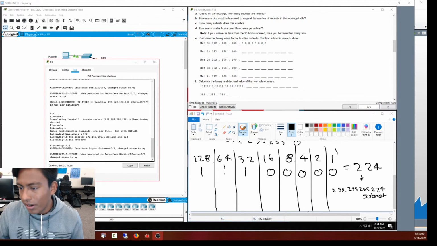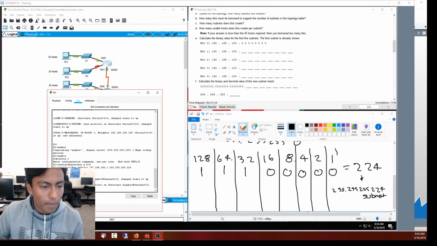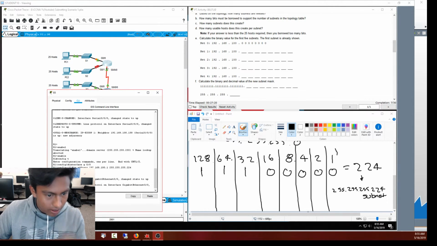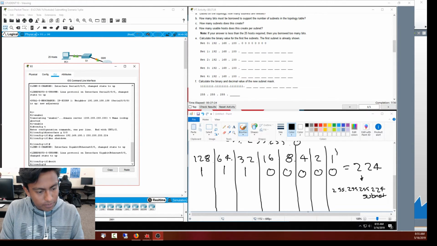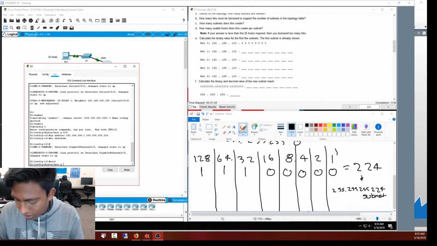And as you can see, we're starting to get our first points here. And continue as well with the next part, which would be Gigabit Ethernet 0-1.